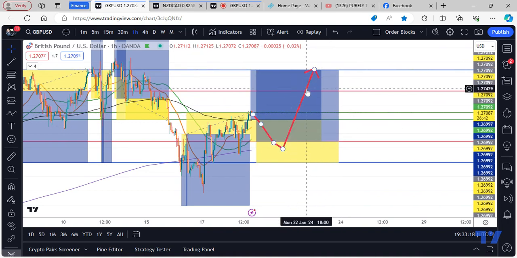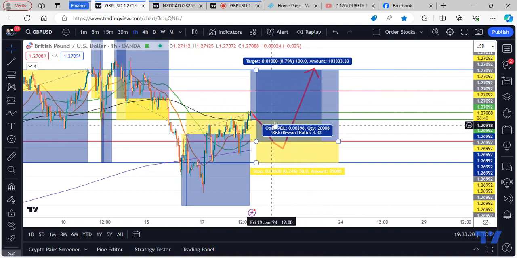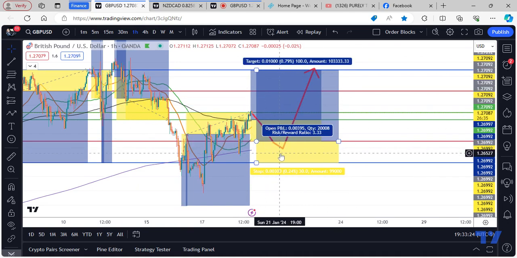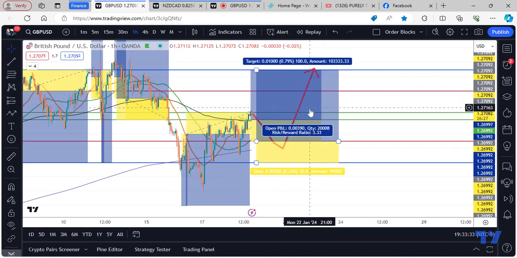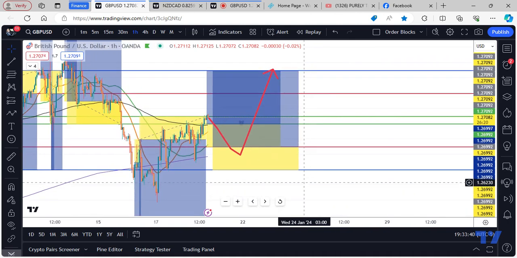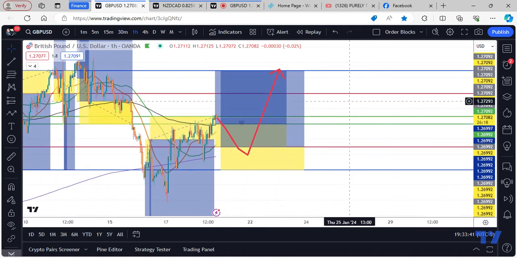And then this one, of course, would be a 1-to-1 scenario, since my stop loss wouldn't be here, it would be over here. So we're risking $2,000 here. So we got 6, and then we got $2,000 more. So we're looking for a 2% reward, risking 1% situation in total.